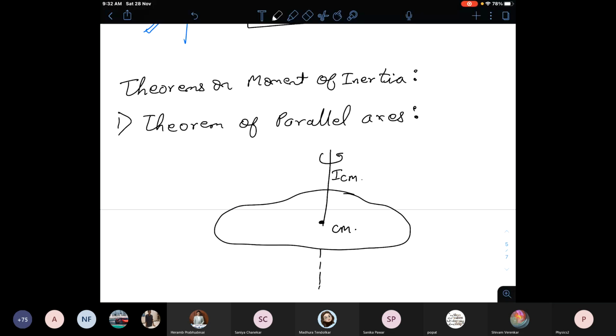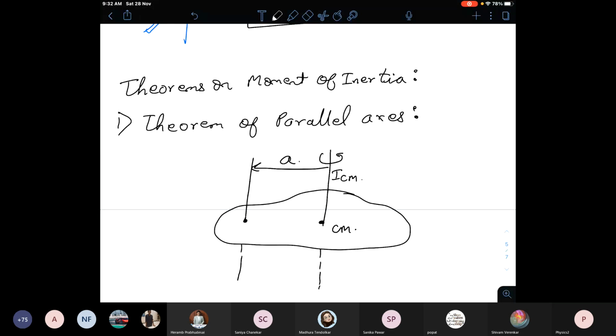But suppose I need the moment of inertia about some different axis. Suppose that axis is somewhere over here, at some distance a.